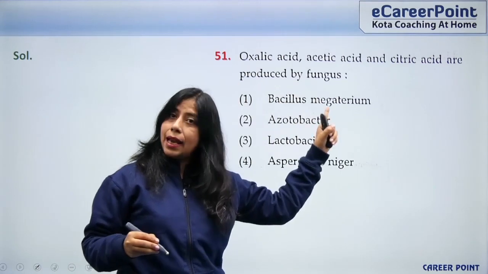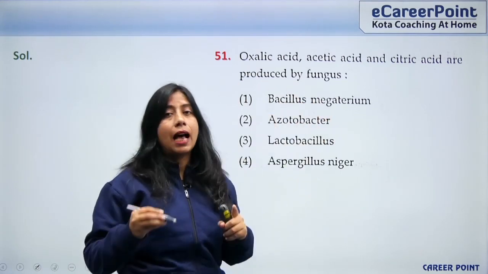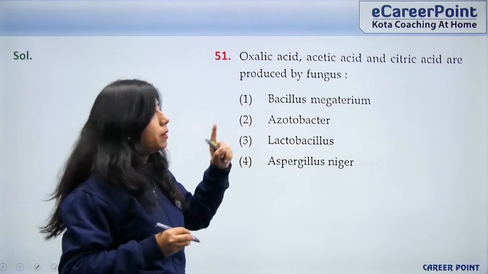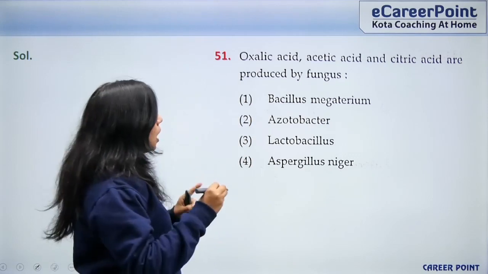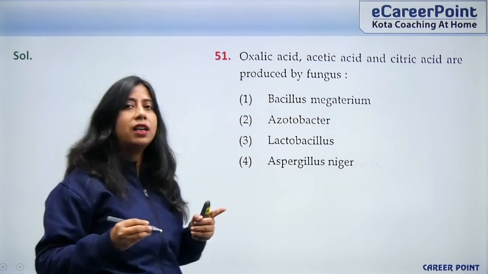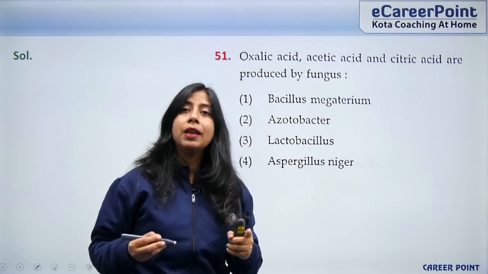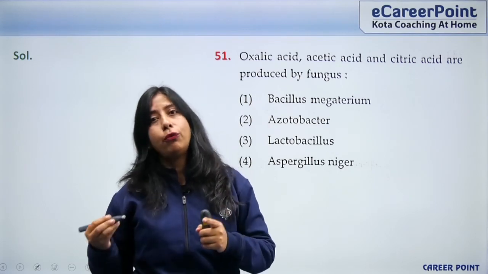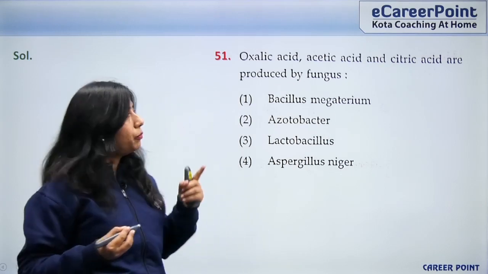Oxalic acid, acetic acid and citric acid. These acids are produced by one thing, fungus has been mentioned. So here already one indication is there. Out of these, Bacillus megaterium is the bacteria which helps in creating special aroma when the beans of coffee or cocoa or leaves of tea are fermented with this.